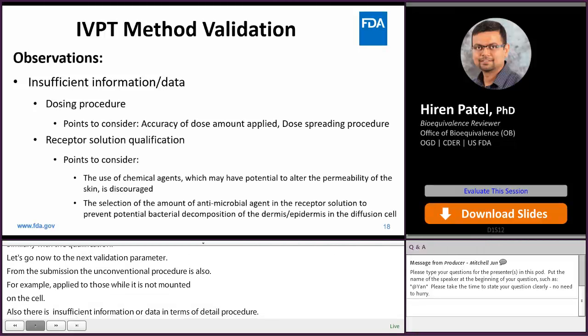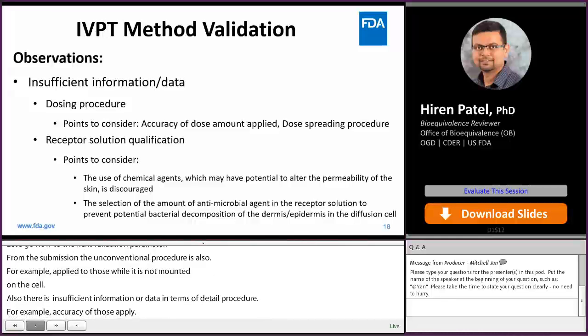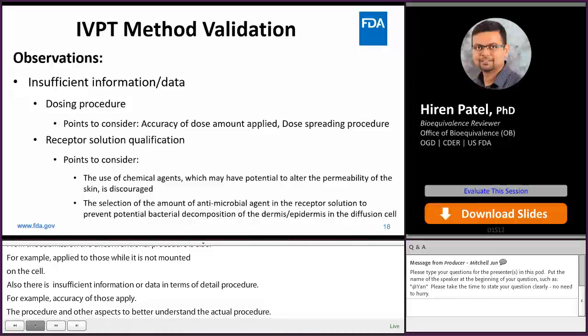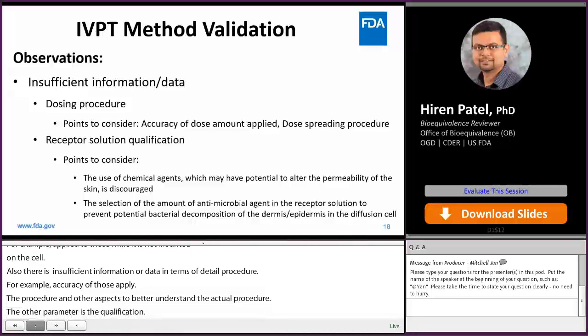Another parameter is receptor solution qualification. For hydrophobic drugs, chemical agents may be added to enhance the solubility in the receptor solution. However, in general, it is not recommended to use chemical agents which may have the potential to alter the permeability of the skin.